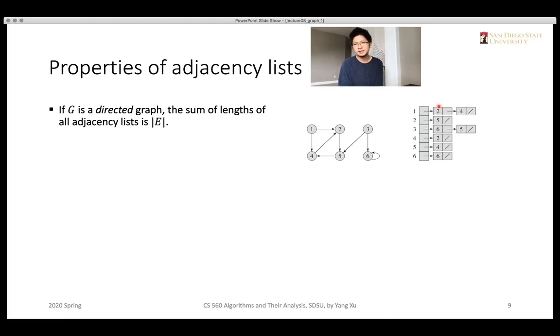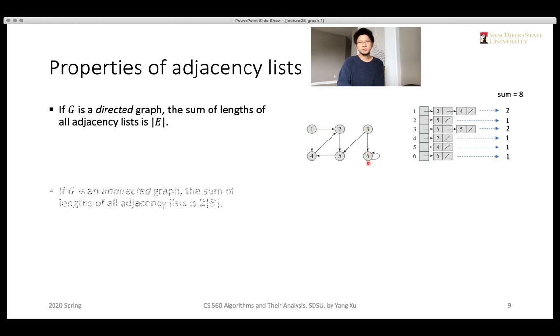The size of the first adjacency list is 2, right? It has 2 adjacent vertices. The second adjacency list has just one element, and the size of the third one is 2. All these numbers add up to 8, which is exactly the total number of edges: 1, 2, 3, 4, 5, 6, 7, 8.